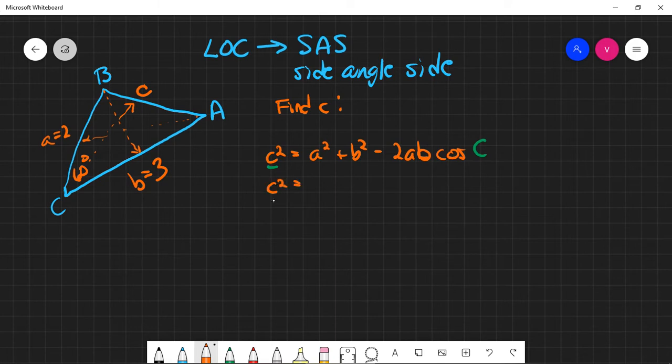C squared is equal to, what is A? 2 squared, side A. And what is B? 3 squared, minus 2 times what's A again? 2. What's B again? 3. Just substitute everything in there, and then the cosine, and what's C? 60 degrees. So you literally plug that whole thing in there, and you're going to get c squared is equal to 7.